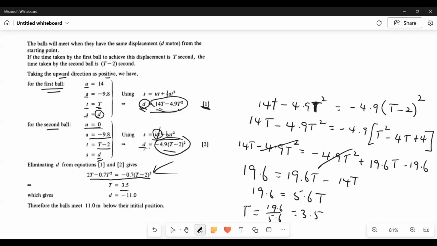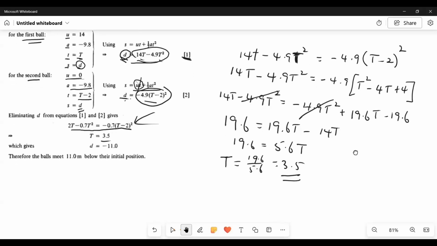So after we have found, yes, somebody was going to ask something? Yeah. So now that we have found t equals 3.5, we need to put it back in one of these equations so that we can solve for d. Remember, that's what we're doing.